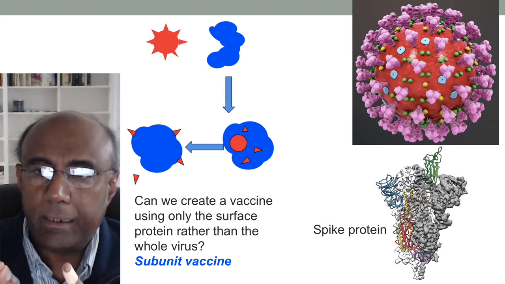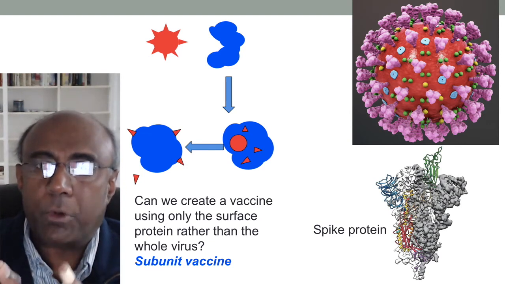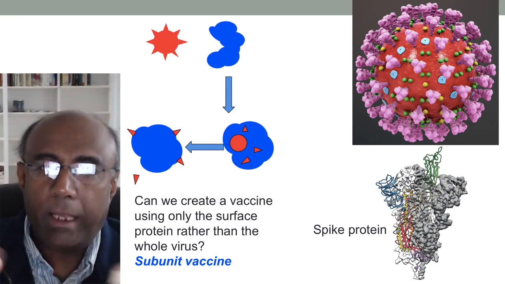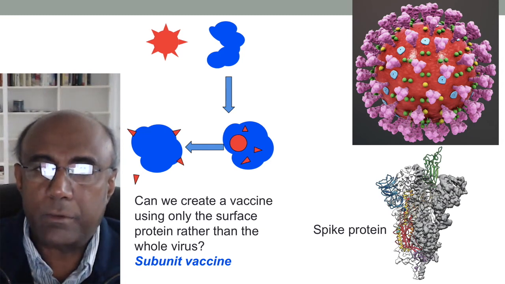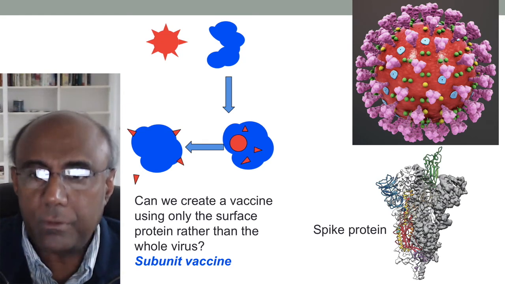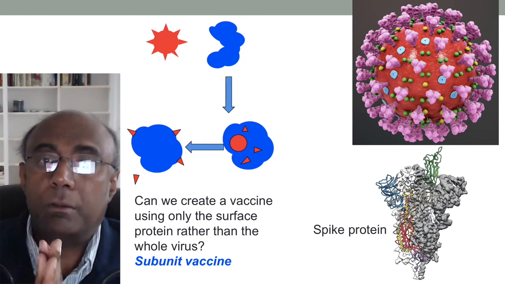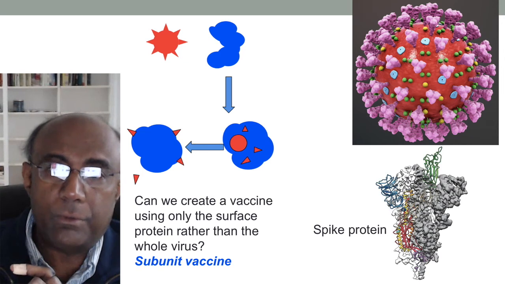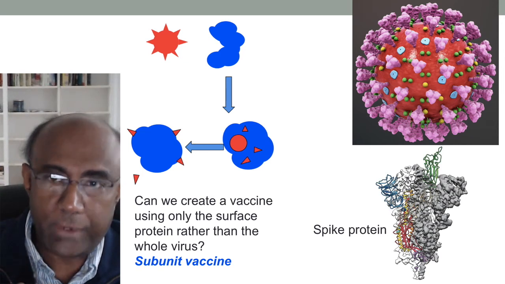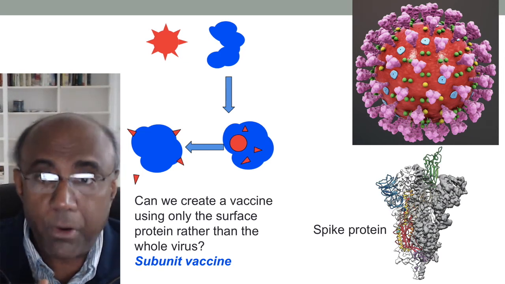So now, can we get those spike proteins out of the virus and then make a vaccine out of it? Well, the company that was involved in creating the Ebola vaccine actually started work on this right away in January, and they have made great progress.